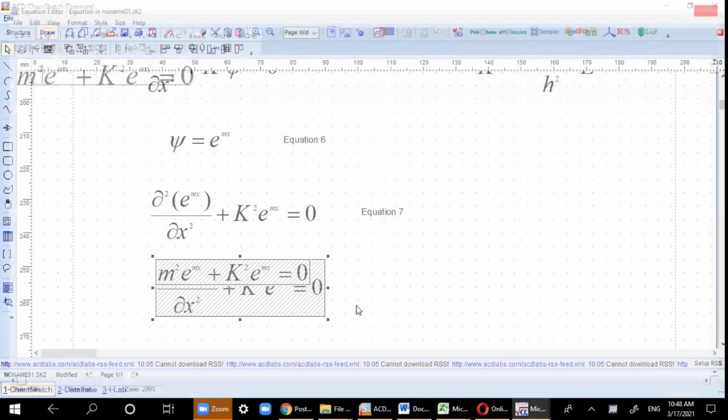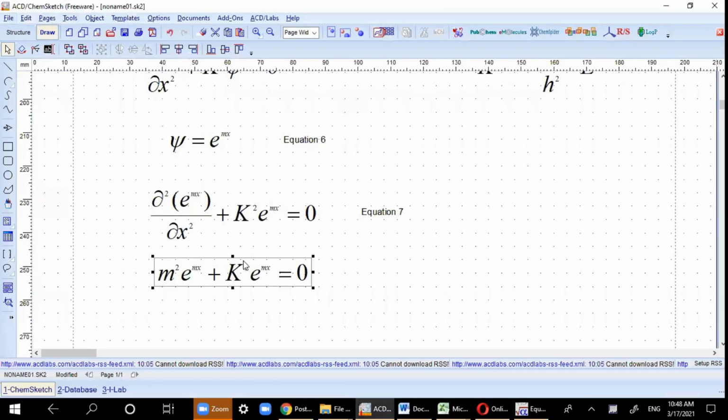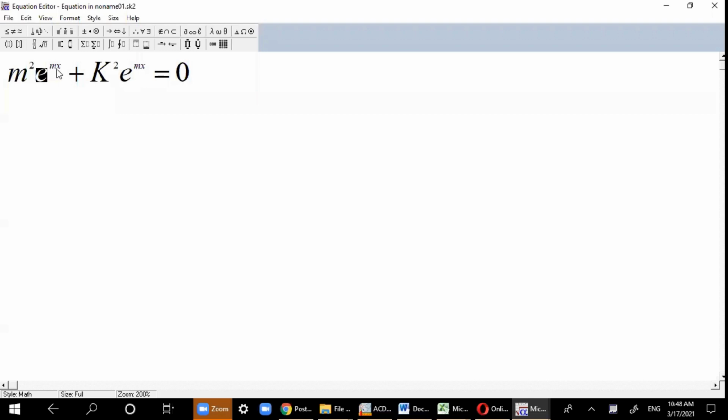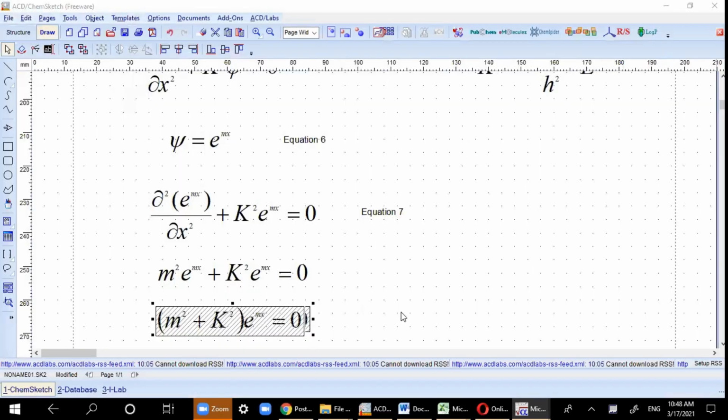Now let us take e power mx common and you get this value.